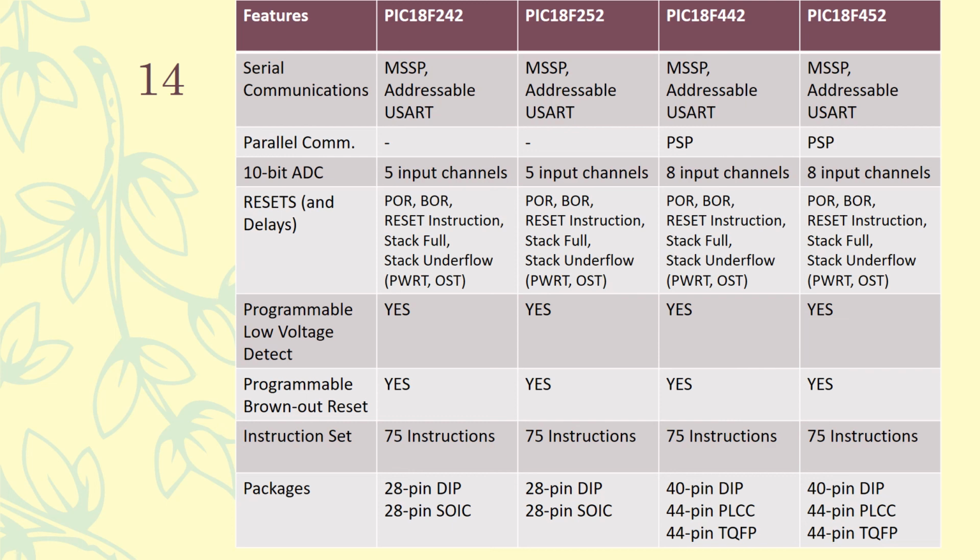And in case of 442 and 452, 40 pin DIP, 44 pin PLCC and 44 pin TQFP package. So this is a kind of a comparative chart, just as provided by Microchip from the standard datasheet. So user can decide and appropriately choose the respective version from the 18F microcontroller series.